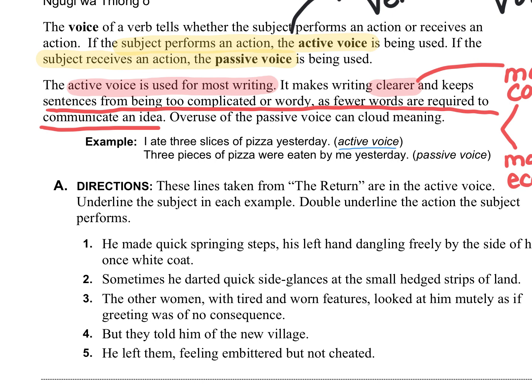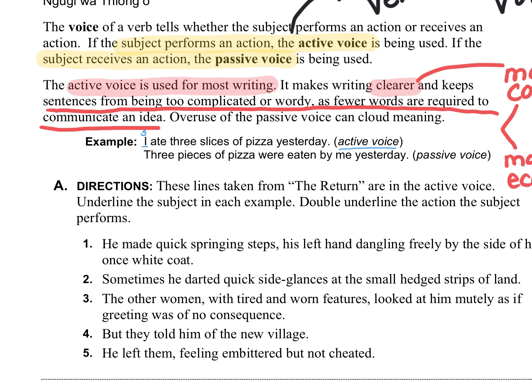I ate 3 slices of pizza yesterday. Whom or what is the sentence about? Pause if you need time to think. And okay, so you're back. And I hope you identified the subject as the pronoun I. Okay? Right there. I.